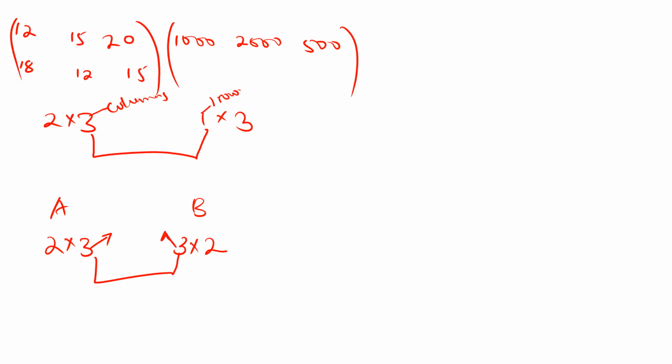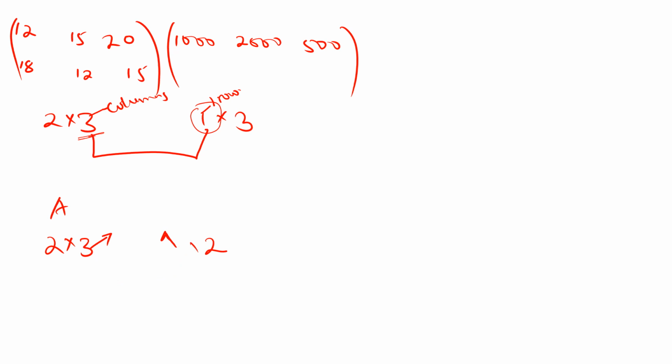So as long as you are organizing them to be multiplied, the last value of the order of the first matrix should be the same as the first value in the order of the second matrix. So for this one, if you arrange it like this, you can't multiply them.